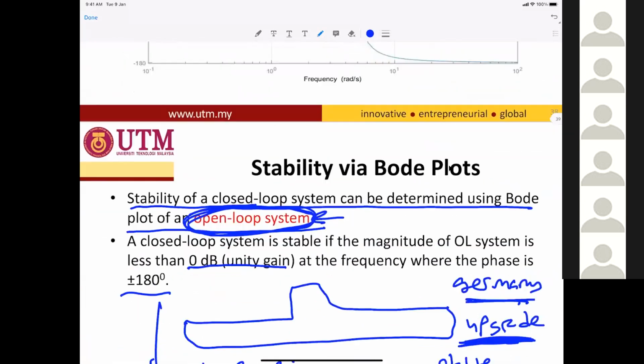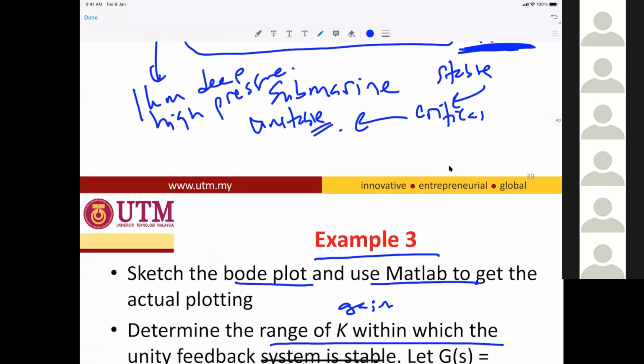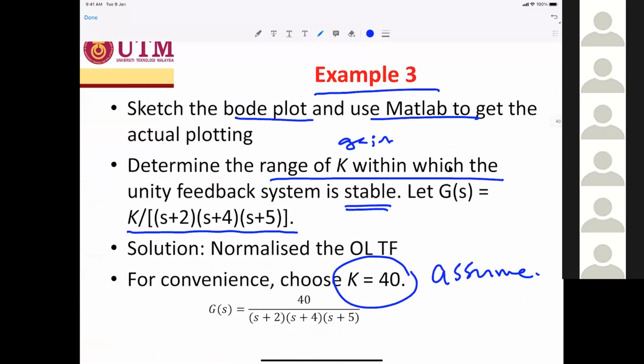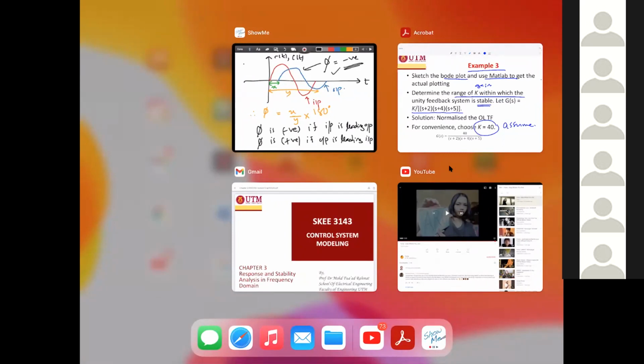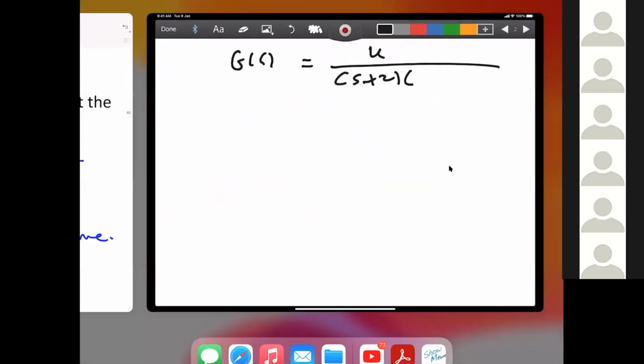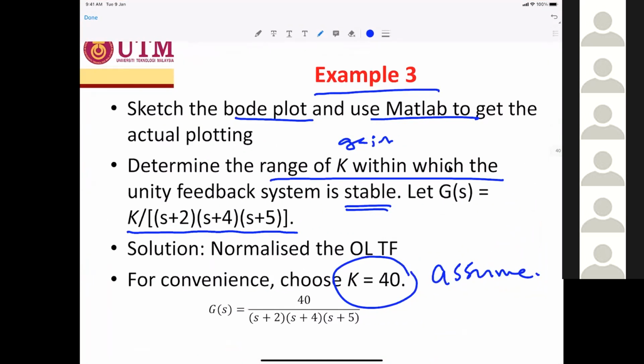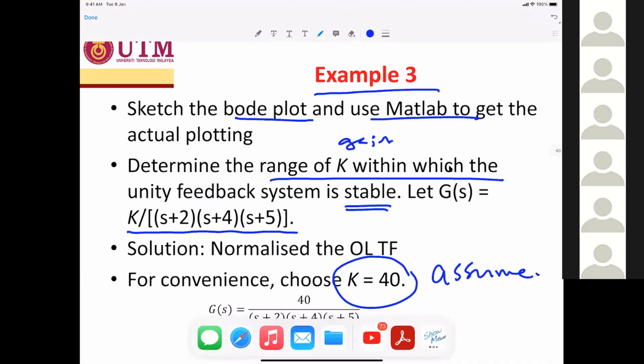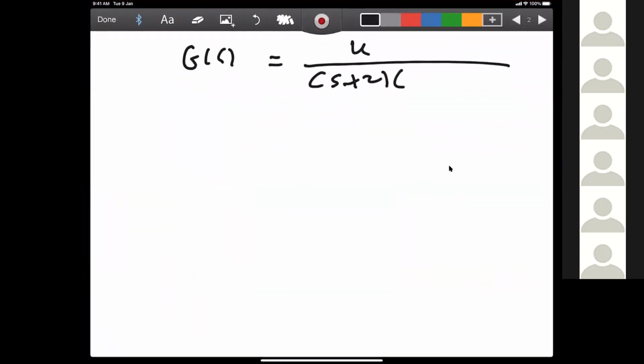What is the transfer function just now? Here you go: K over s plus 2, s plus 4, s plus 5. Let's calculate using a Routh table. We assume K is equal to 1.